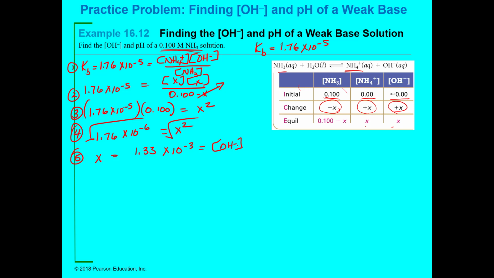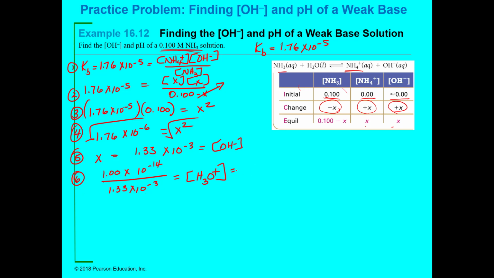Okay, and again, you can do it either way you want to. You can do it with the Kw, you can divide that by the hydroxide concentration and get your hydronium ion concentration. So I'll do it that way this time. So 1 times 10 to the minus 14 divided by 1.33 times 10 to the minus 3 is going to be equal to your H3O plus, right?